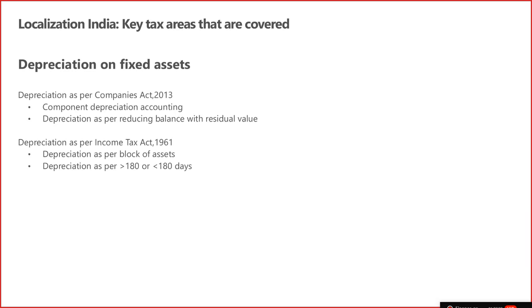So as per the Companies Act and Income Tax Act, you can generate your depreciation report, which is an annexure, I think Schedule 14 of the Companies Act. And as per the Income Tax Act, the system gives you a depreciation schedule report, which indicates block-wise depreciation on the assets.